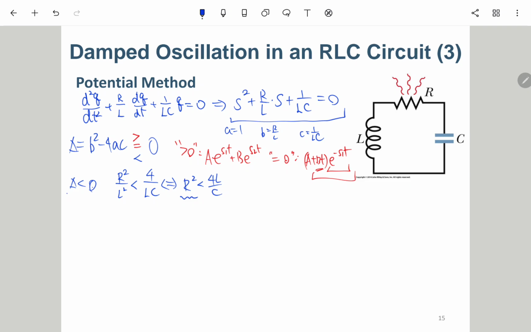In that case, if delta is smaller than 0, the solution will be s equals negative b plus or minus the square root of b squared minus 4ac, all over 2a. Then you just collect the real part and the imaginary part.